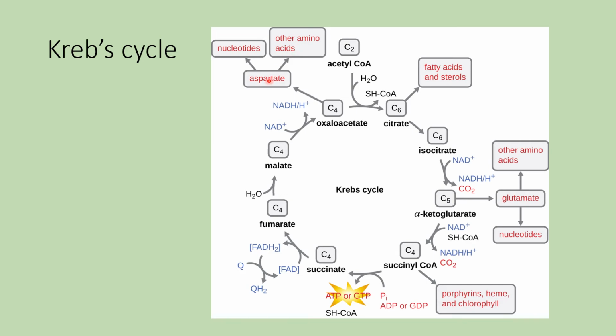Notice that they have all these other components here showing you the relationship of how, not only for carbohydrates, but fatty acids and steroids, those are forming lipids. Amino acids here for forming proteins, nucleotides for forming nucleic acids. Aspartate is an amino acid.